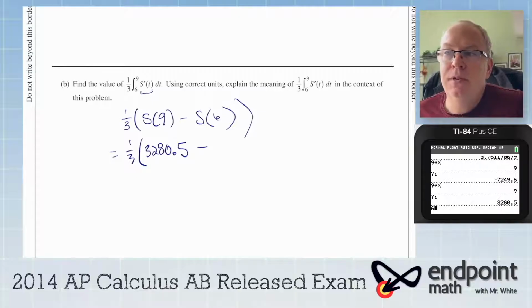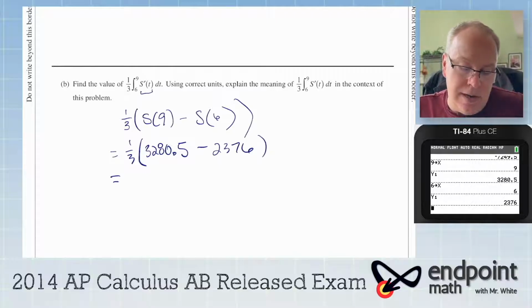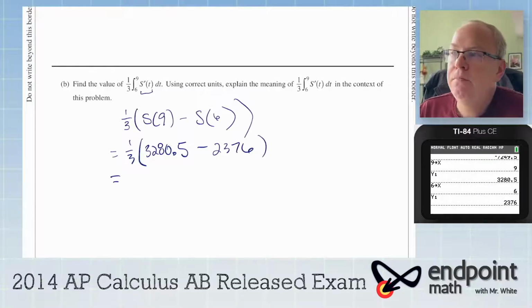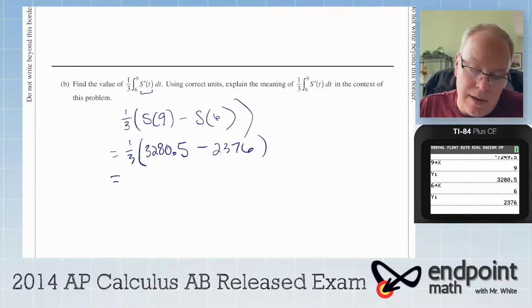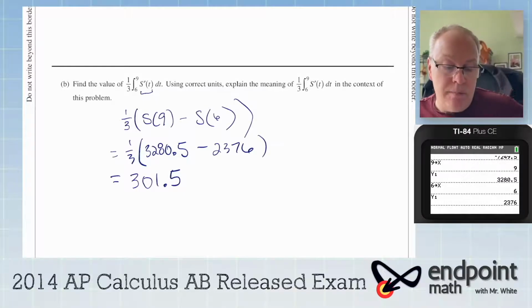So now I'm going to store 6 into x, and then just do the same thing again. I can come up here and just hit enter, I believe, and save some time. 2376. And you can now type that in your calculator, and you should get 301.5. All right, so we found the value of it.